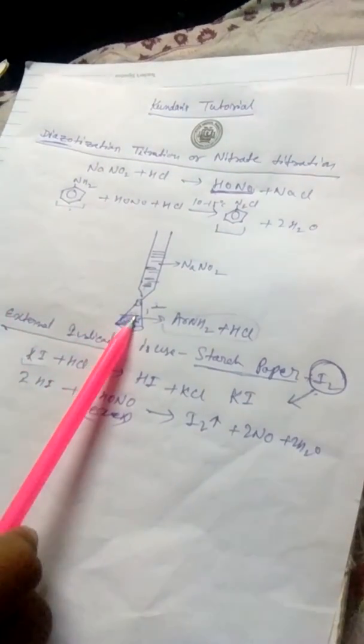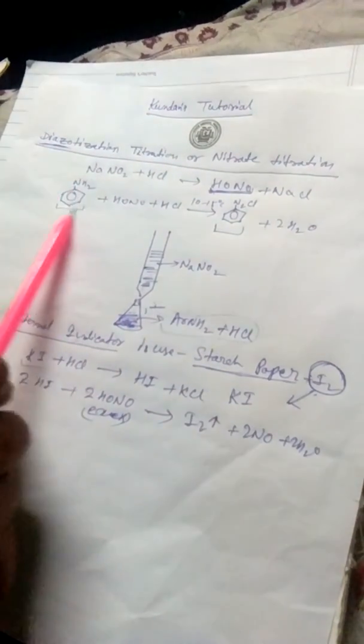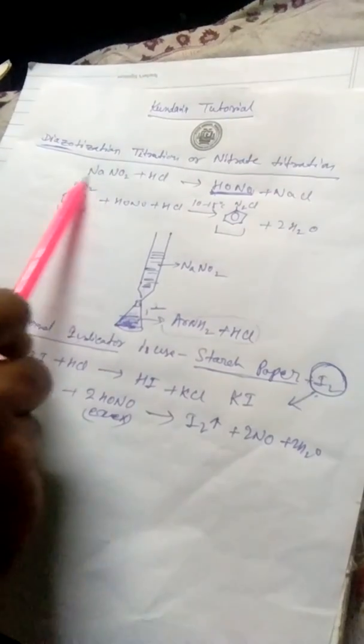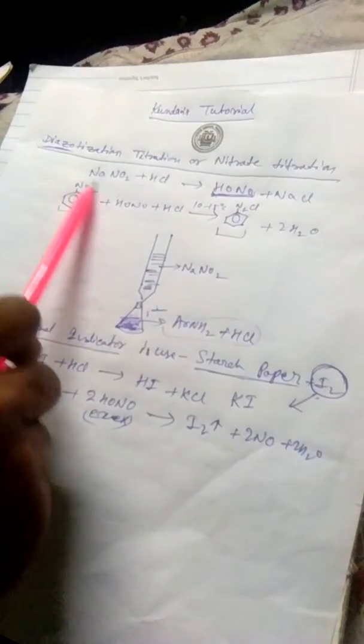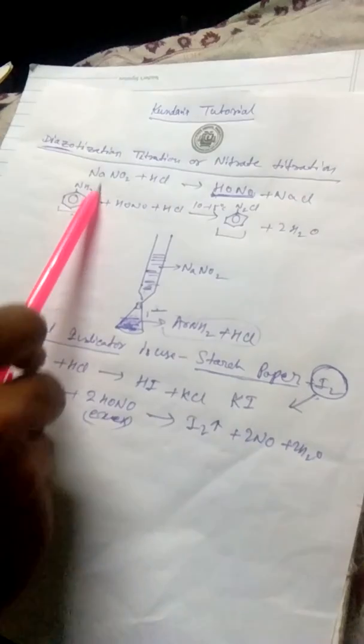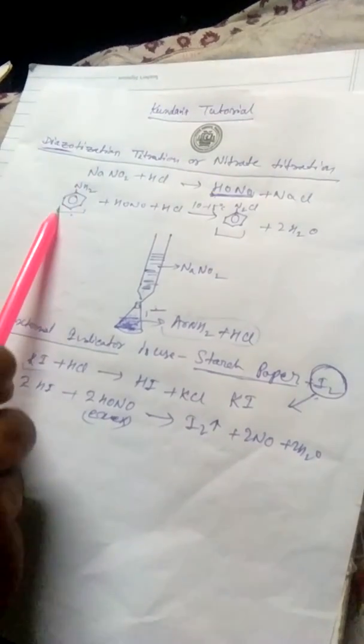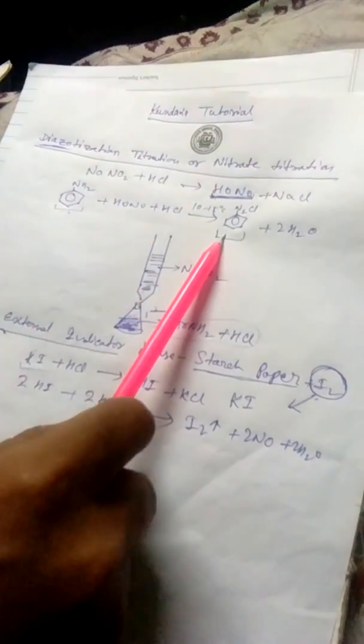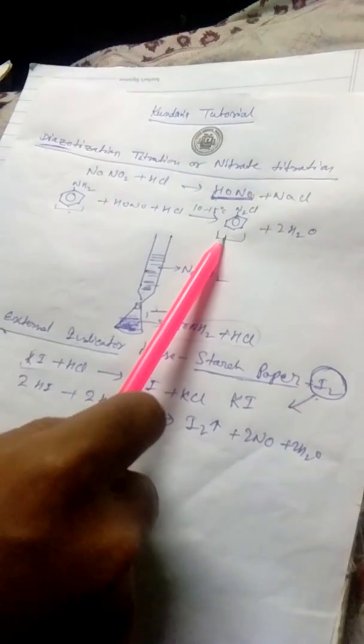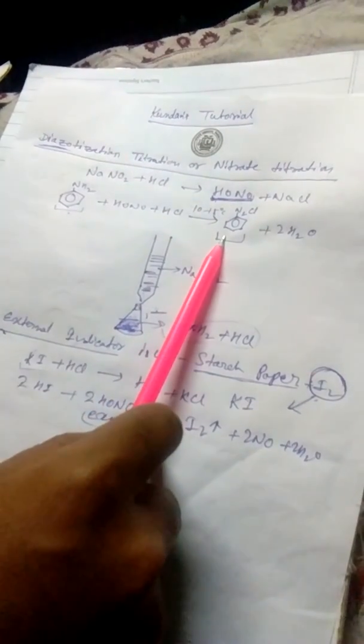At the end point, this aromatic amine group is neutralized. There is no presence of primary amine because all primary amines are converted into N2Cl, the diazonium salt.